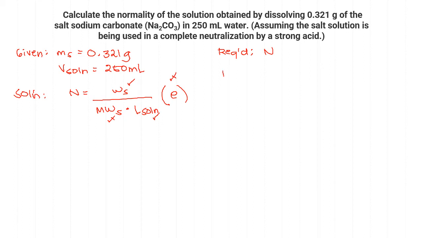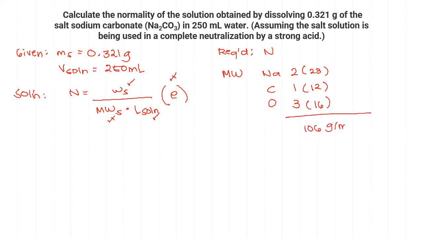Let's start with our molecular weight. In our Na2CO3, we have 2 sodiums, 1 carbon, and 3 oxygen. The atomic weight for sodium is 23, carbon is 12, and oxygen is 16. This will yield us a molecular weight of 106 grams per mole.